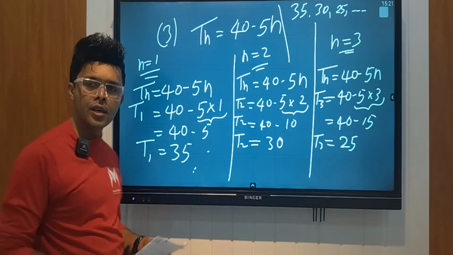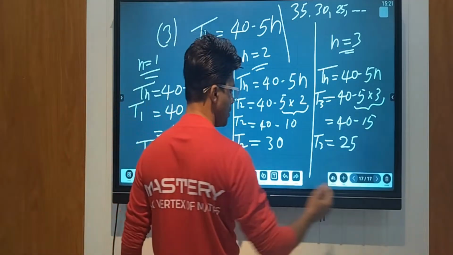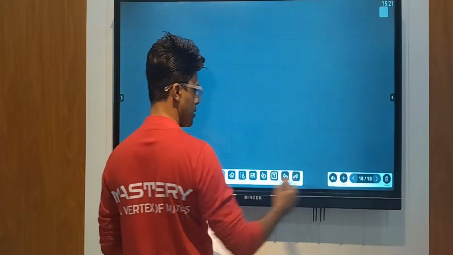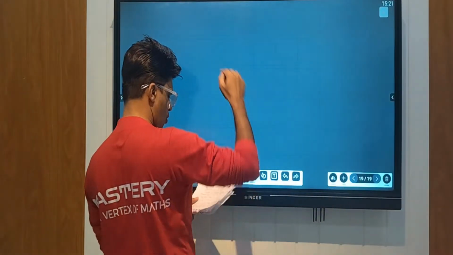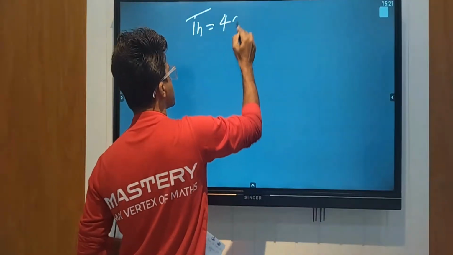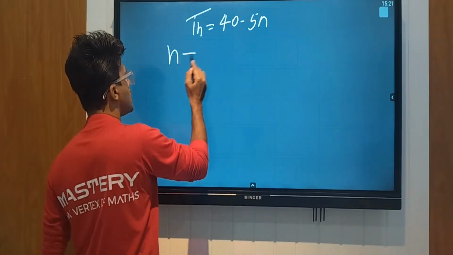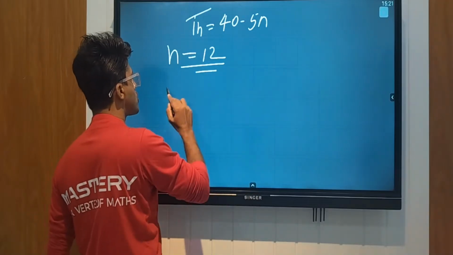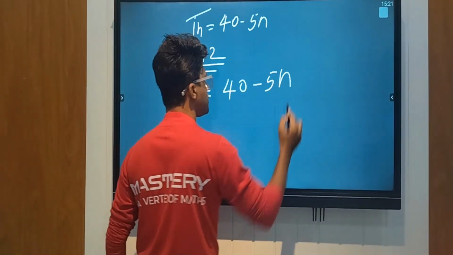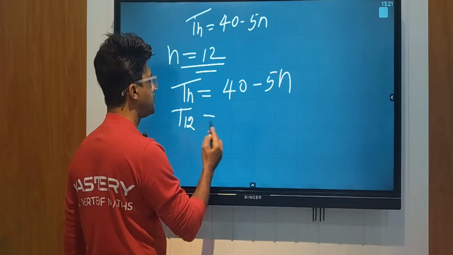The second question here is to find the 12th term. According to the general term, Tn equals 40 minus 5n, we substitute n equals 12.